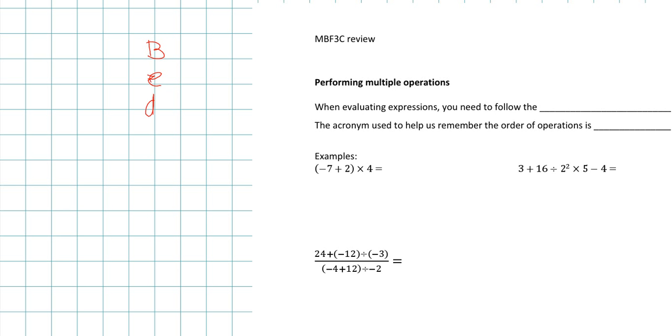So if multiplication appears before division in your equation, then you have to do the multiplication first, then the division. For example, if I have 3 times 4 divided by 2, I have to perform multiplication first because it appears before the division, then I have to divide by 2.